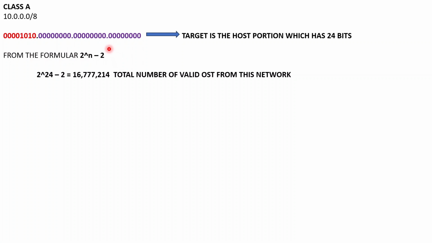Once again, the reason we subtract 2 is that we exclude the network address and broadcast address, which are not going to be assigned to our network devices. So 2 to the power of 24 minus 2 gives about 16,777,214. This is the total number of valid addresses in our /8 network.